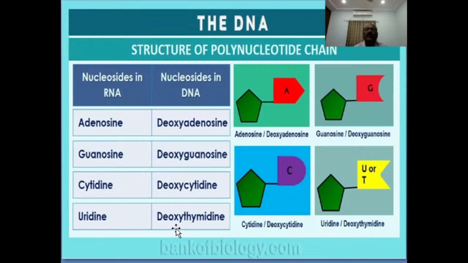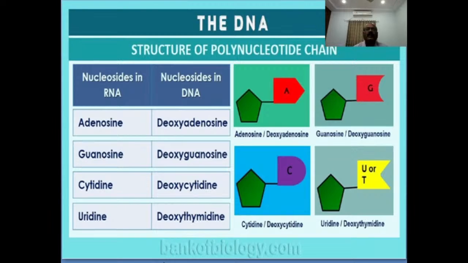Anyhow, nucleoside means nitrogen base and sugar. You see, this is sugar, this is the nitrogen base, adenine. This is guanine. This is cytosine. This is uracil or thymine. That means uracil is present in RNA, thymine is present in DNA.